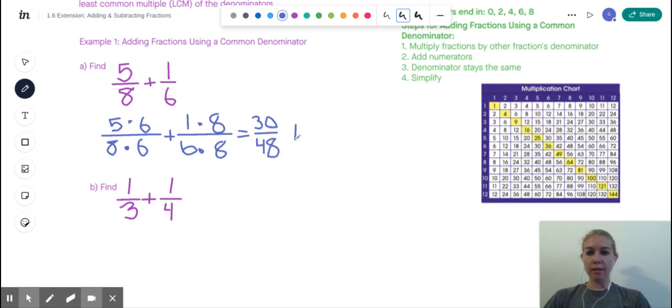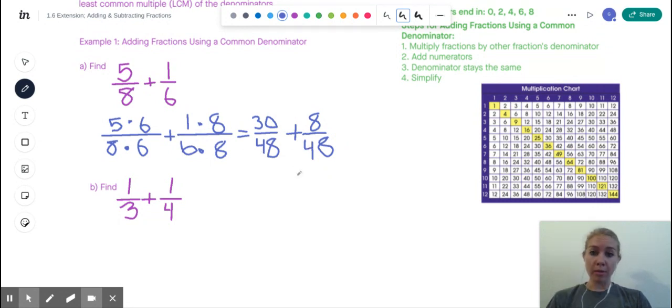And again, we're adding. 1 times 8 is 8. Six times 8 is 48. So notice we now have the same denominator. We have a common denominator.